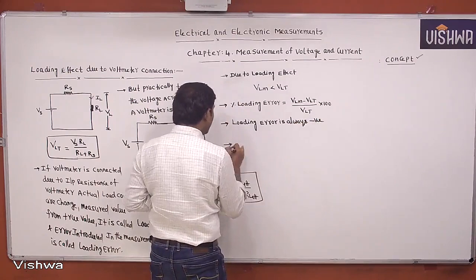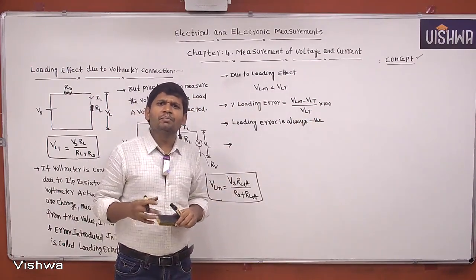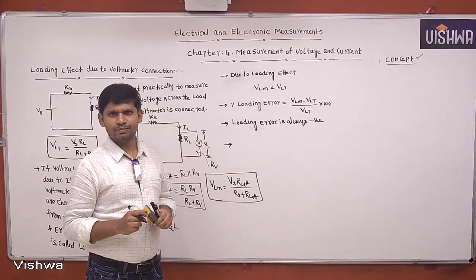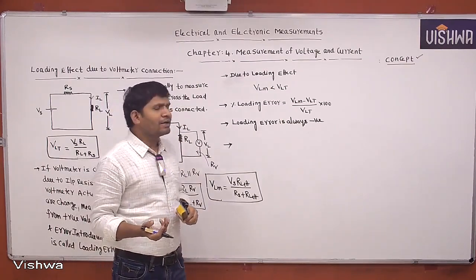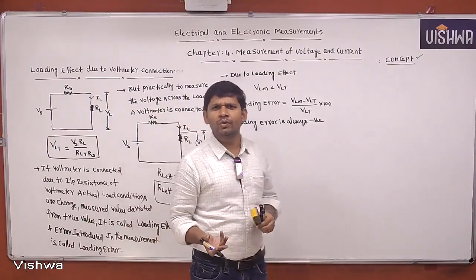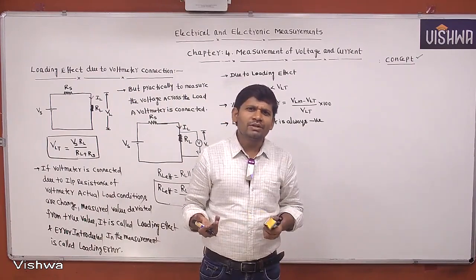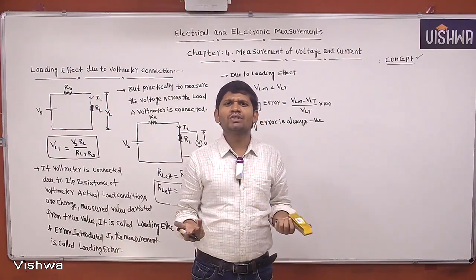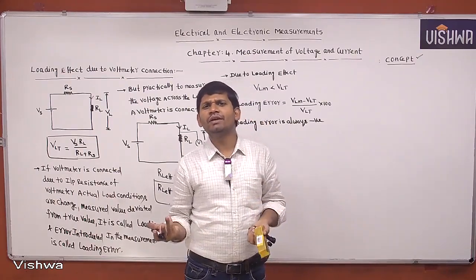But another point to remember: loading error cannot be eliminated completely, but it can be reduced. Why can it not be eliminated completely? Practically, if you are measuring the voltage, you must use a voltmeter. Once we use a voltmeter, it compulsorily offers some resistance. Because of the resistance of the voltmeter, the actual load conditions will change, and then the measured value deviates from the true value.